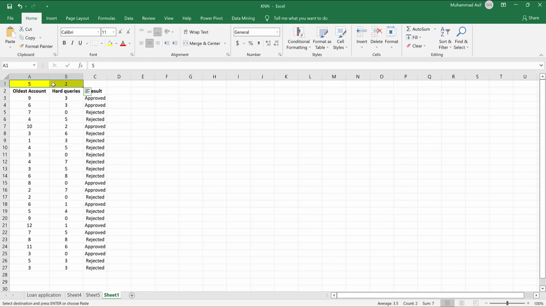What we will do is see which values these credentials match with. Let's say we want to make a decision based on the 2 nearest values. So what are the 2 closest values that match with these credentials, and what was the decision in that case? If in that case it was rejected, then this application would be rejected. But on the other hand, if those 2 nearest applications were approved, then this one will also be approved.